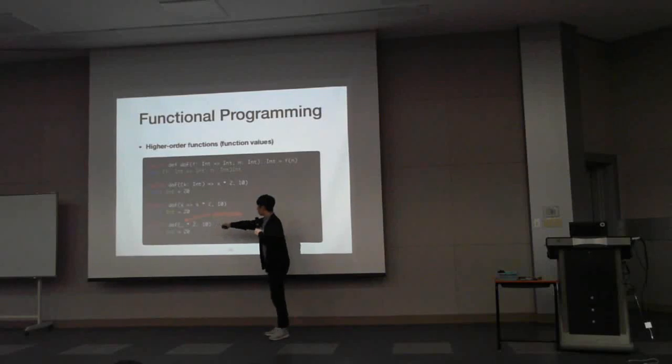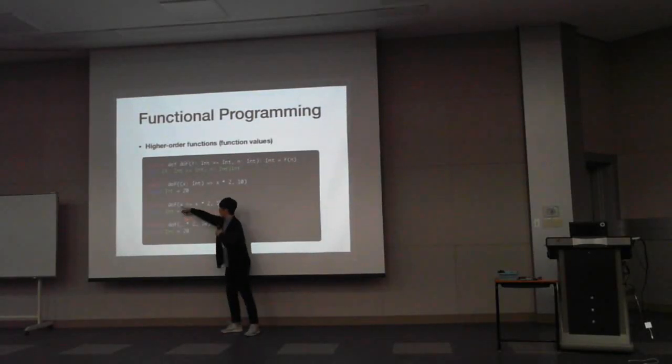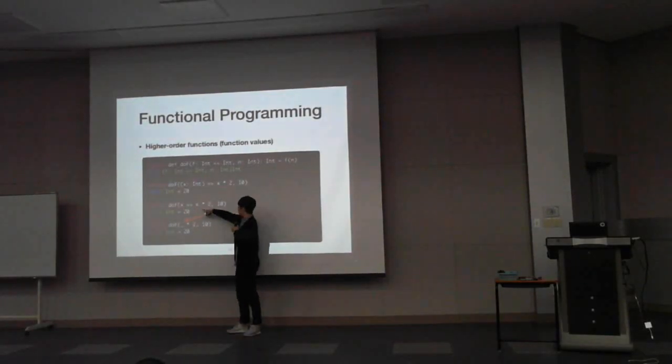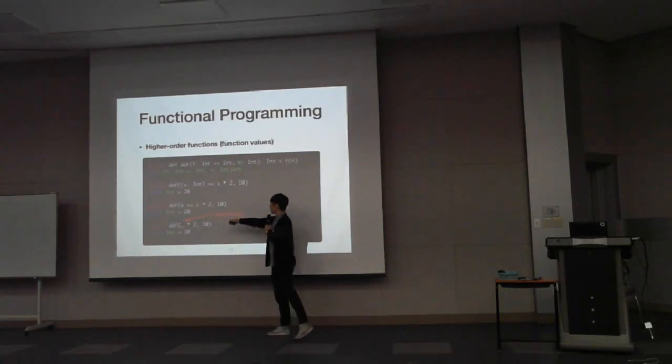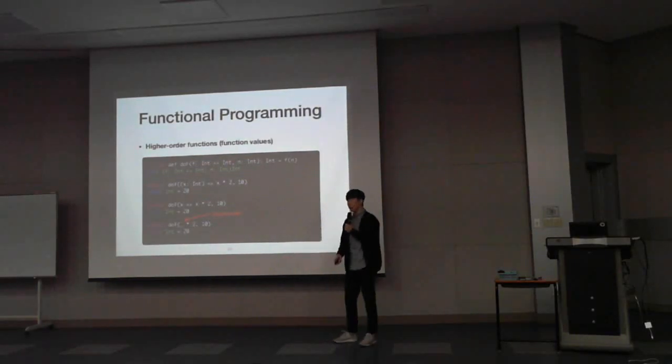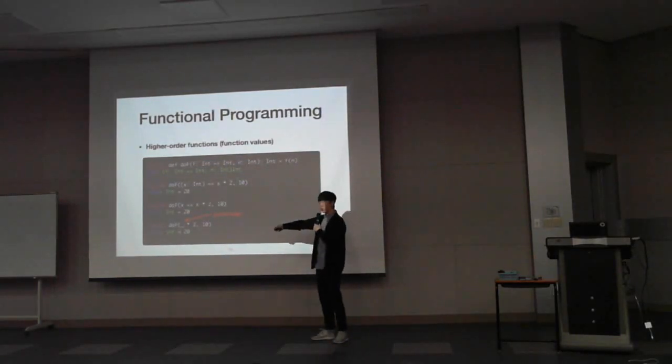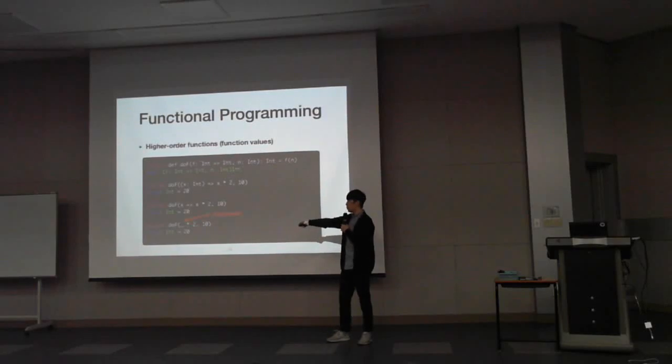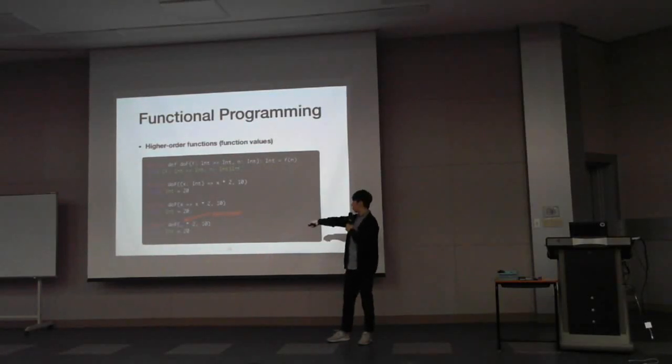So get one parameter, then put the parameter here. So this is the same syntax in Scala. So we can define the double function, just like underscore multiplied by 2 is the function value, that means the double function.